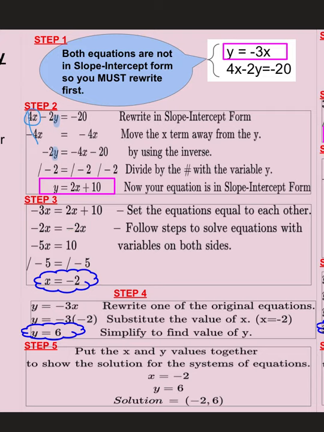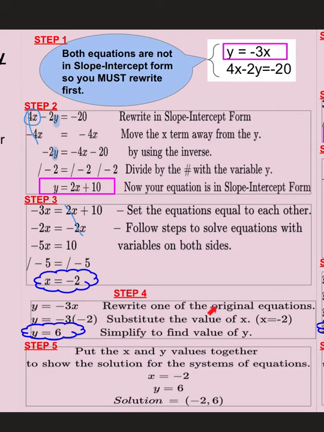And when I do that, these two x's will cancel out, leaving me with negative 3x minus 2x, which is negative 5x, equals 10. Divide each side by negative 5, and x will equal negative 2. So now I have my x value of negative 2.